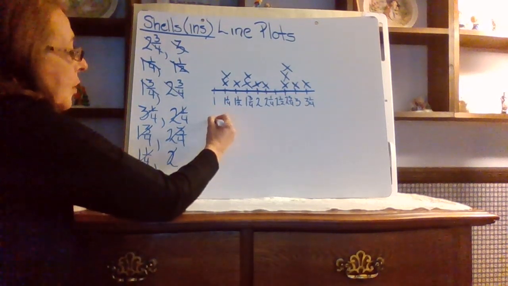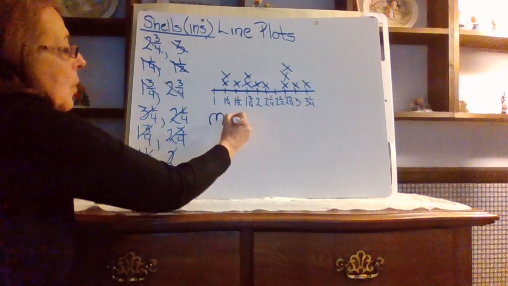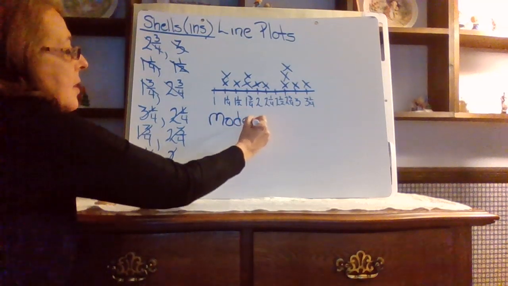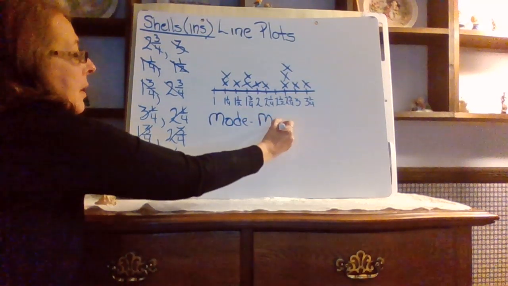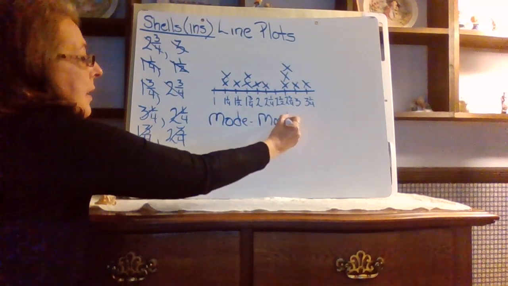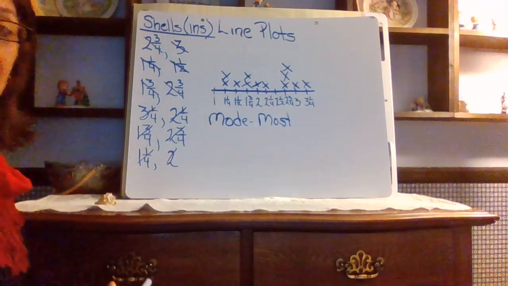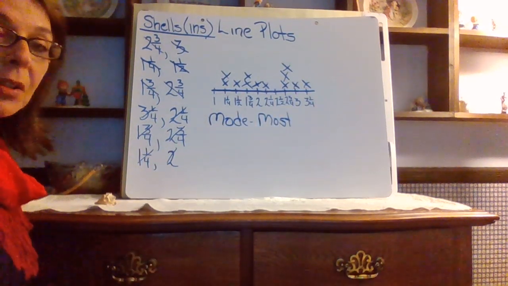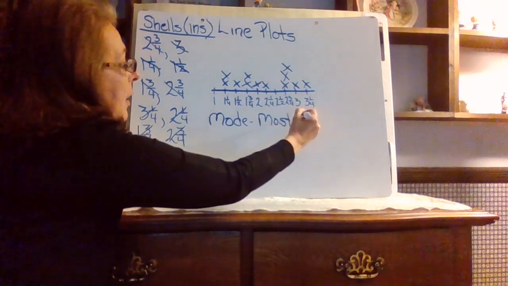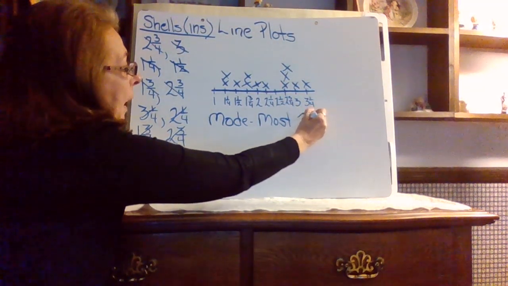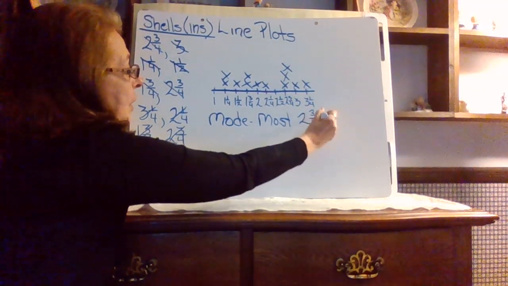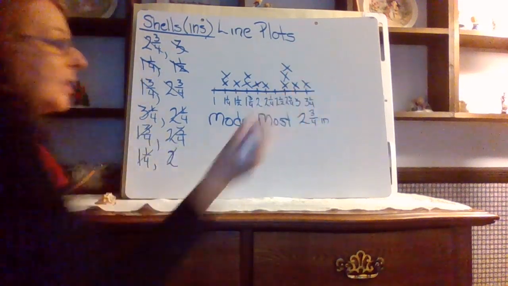That is called my mode. Mode is most data points at one location on your number line. And for my line plot, it's 2¾ inches.